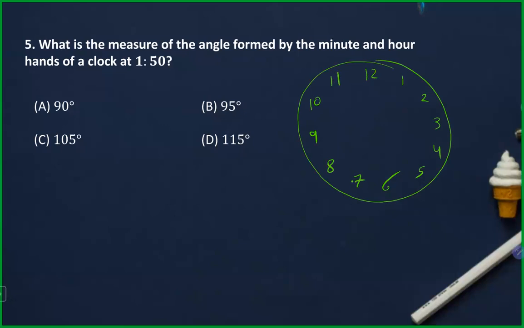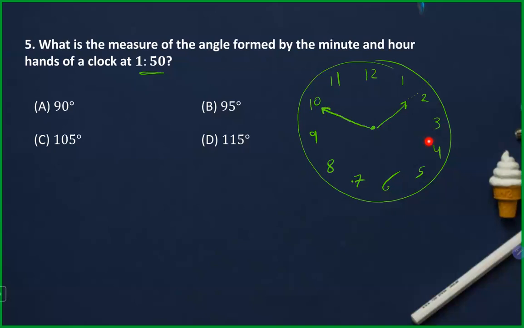When the clock is indicating 2:50, the small hand of the clock is pointing approximately near the 2, and the long hand is pointing to 10, which is the 50.